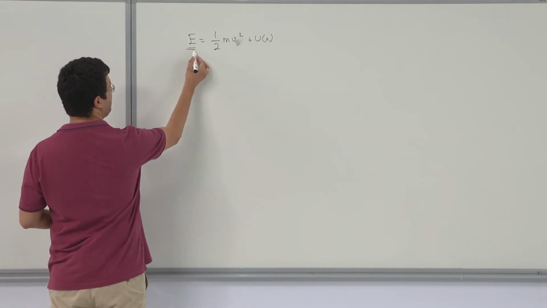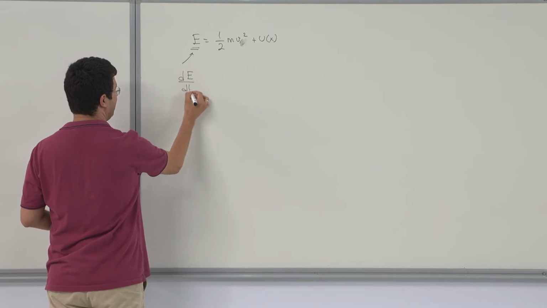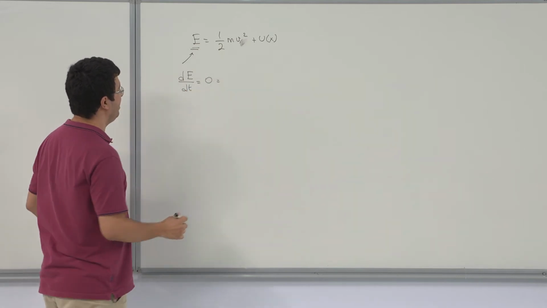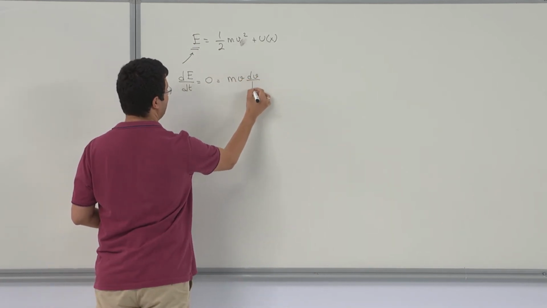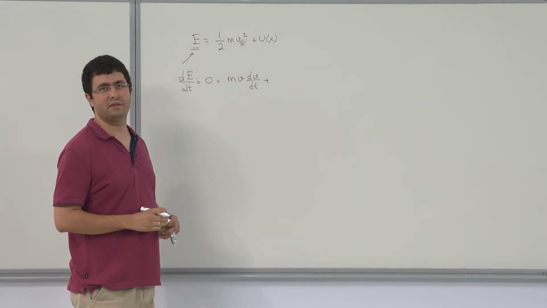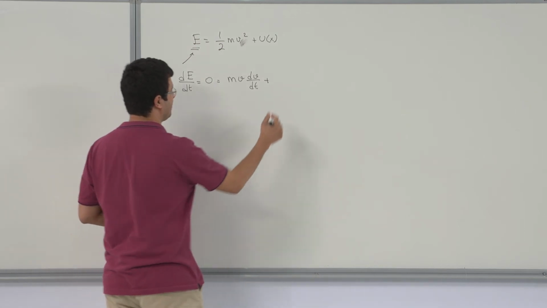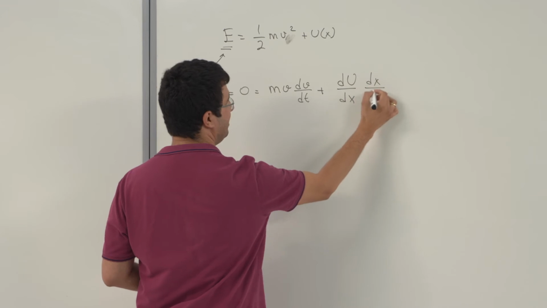Now, I would like this quantity to be constant, which means that dE divided by dt must be 0. And let's just take the time derivative. So the time derivative of this quantity is mv times dv over dt plus the derivative of the potential energy with respect to time, but this is implicitly depending on time, so I use the chain rule. I get dU over dx and then dx over dt.